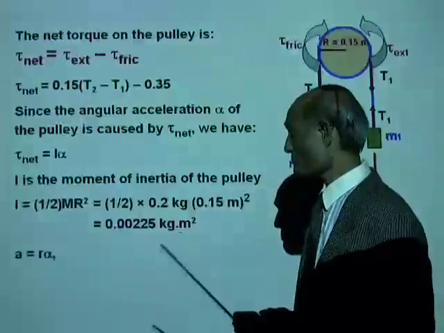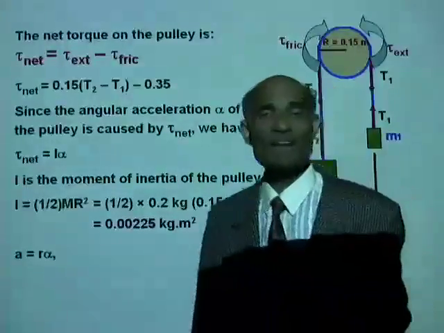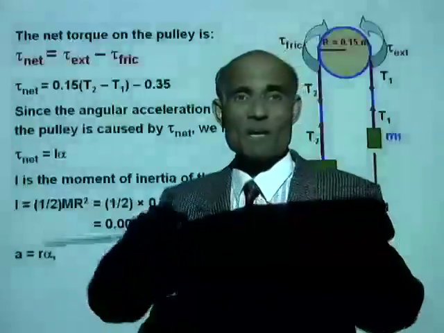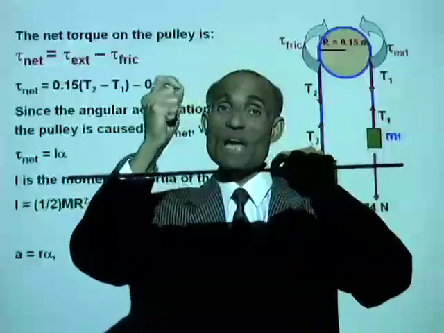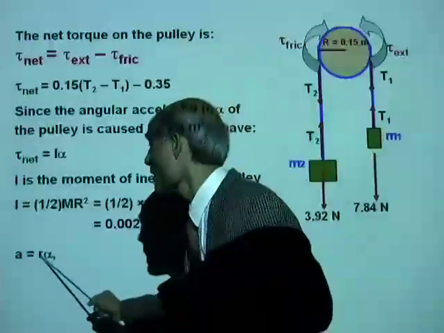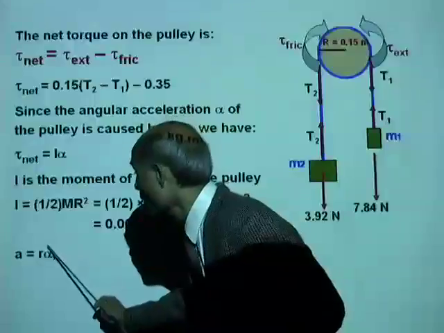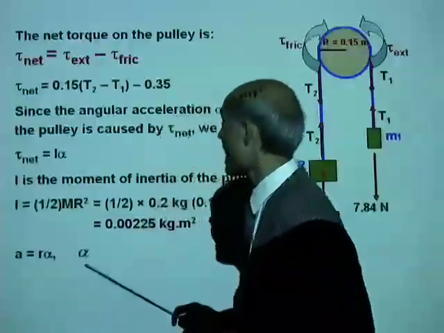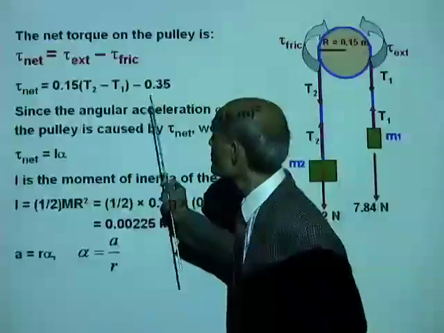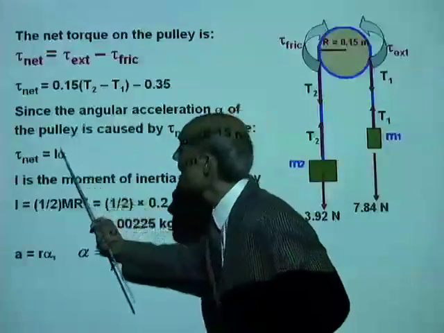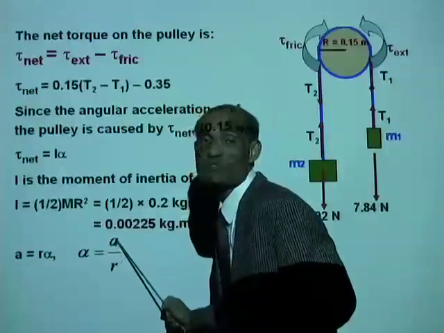So we have tau net is this quantity, I we know, and alpha is the angular acceleration. And you know that a equal to R alpha, isn't it? A point on the disc will have a tangential acceleration a, which is equal to R times the angular acceleration. Therefore, we can now find alpha in terms of a. So what we're going to do is eliminate alpha and write that in terms of a.